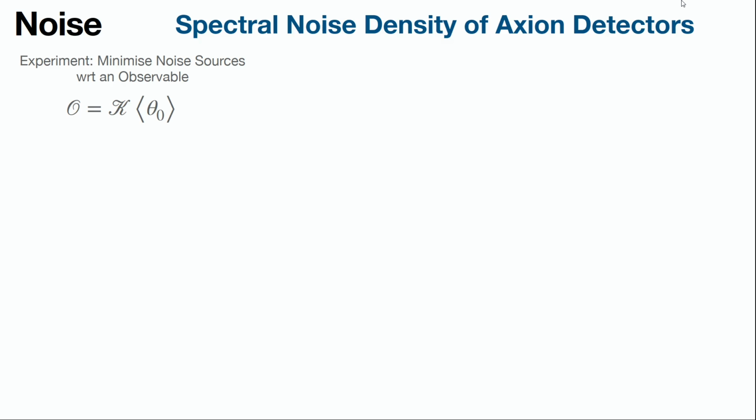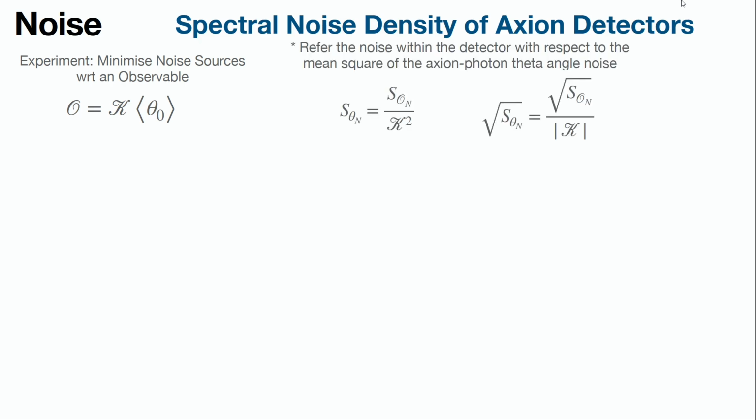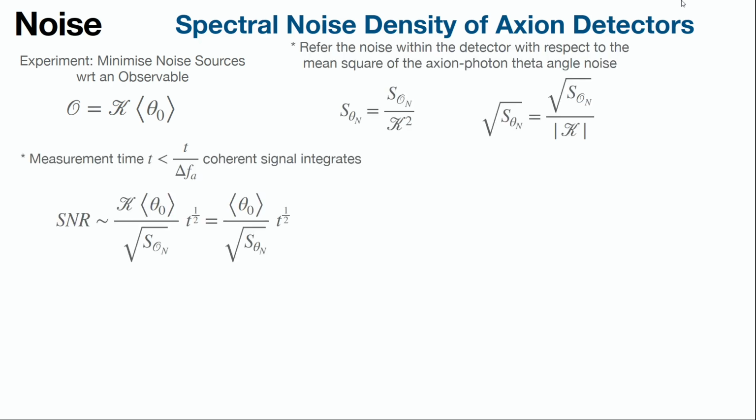So you want to minimize noise sources. We've gone through this. When I consider the noise to be narrow band, I get this equation of the signal to noise ratio. And now I've got this integration time, so how I average.